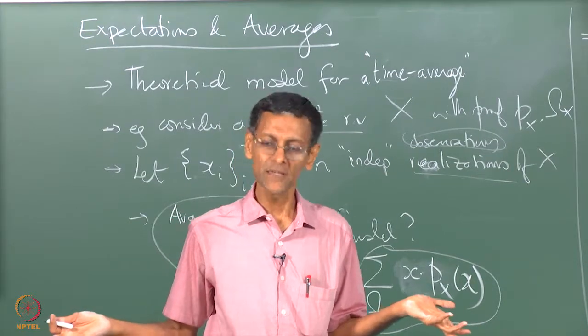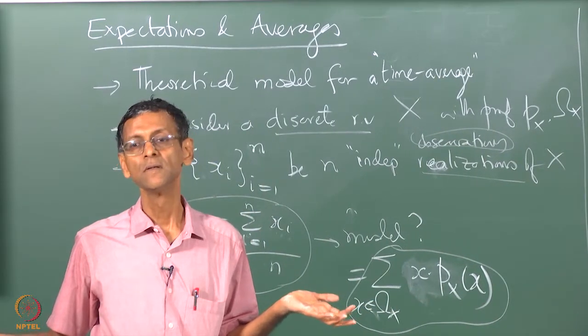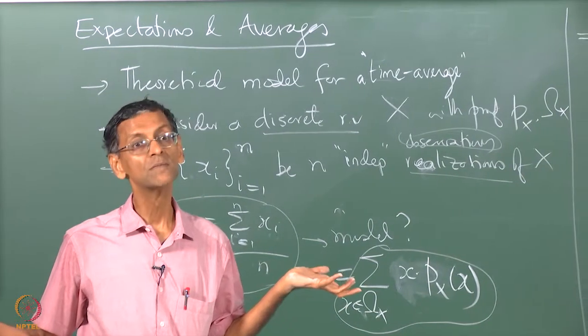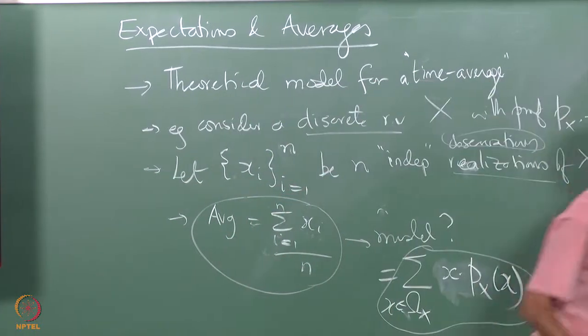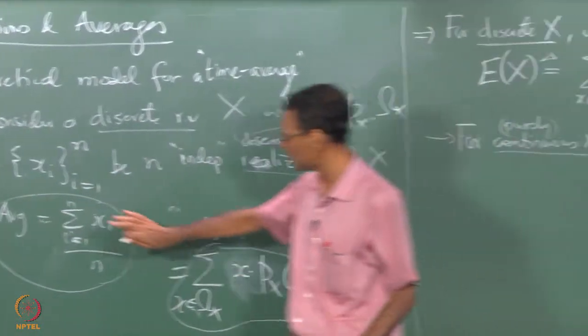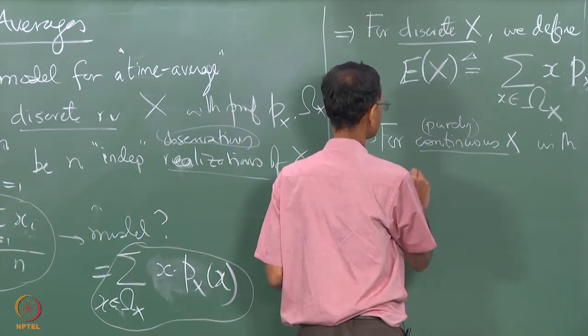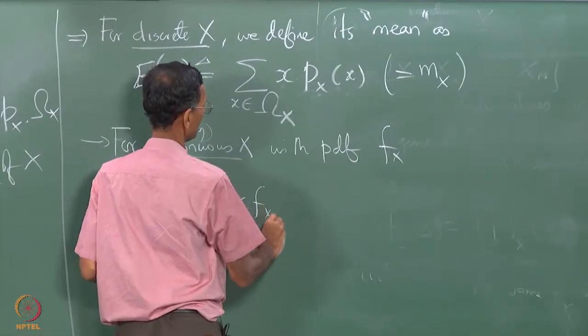If you spin a pointer, each time you get some small x_i, and nobody is preventing you from running that experiment n times and taking the average. So what mathematical calculation can you do with this PDF f_X which will be a good model for this average? It turns out that the average is defined as an integral of this.